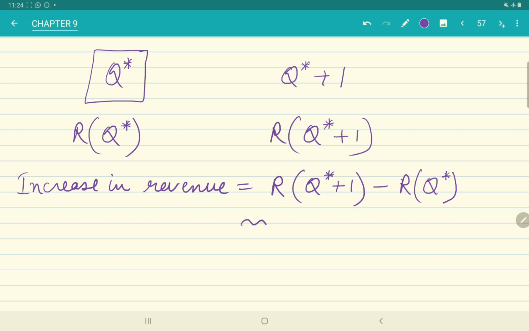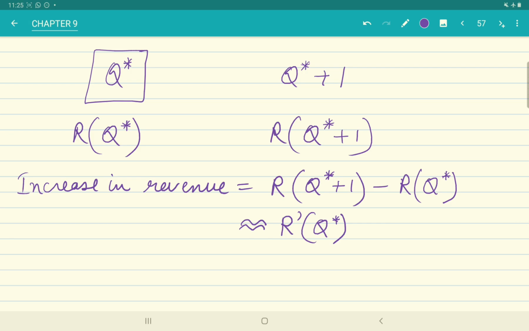Now this is approximately equal to R'(q*), because I'll just repeat this: when I talk about R'(q*), that is when there is an infinitesimal increase in q*.